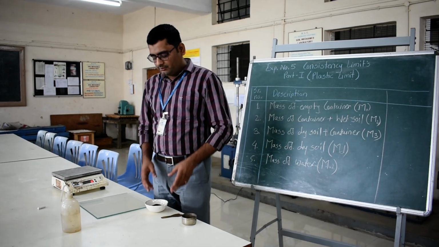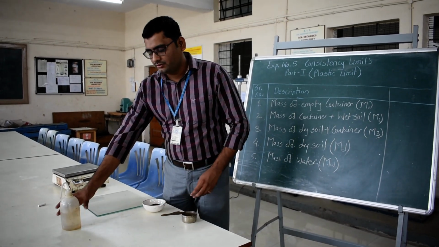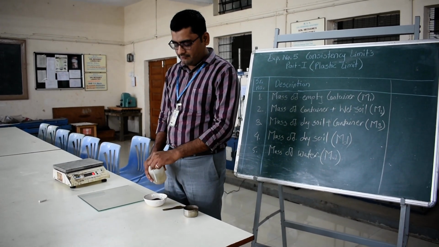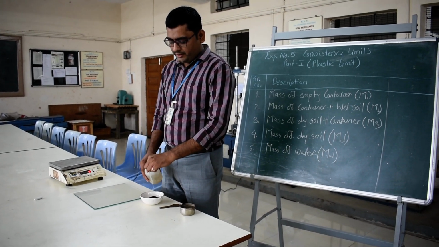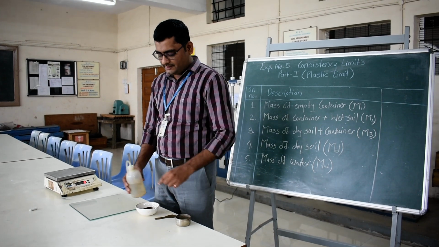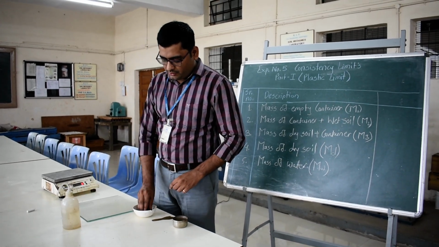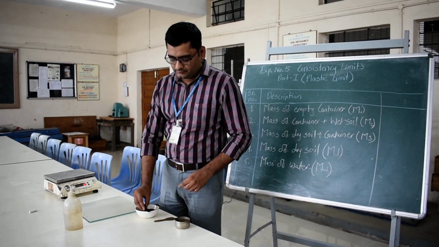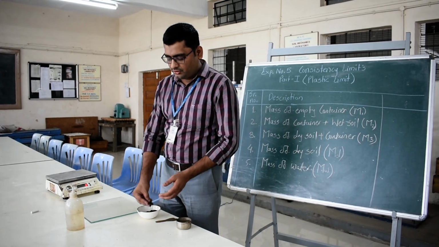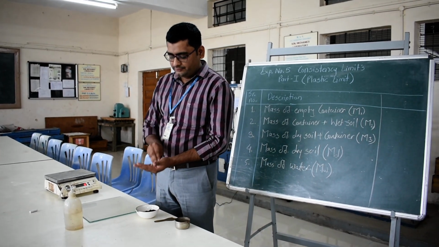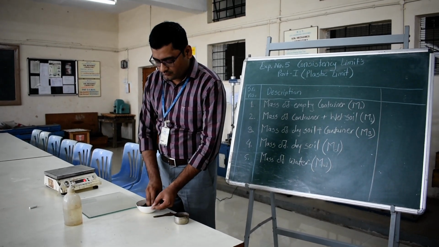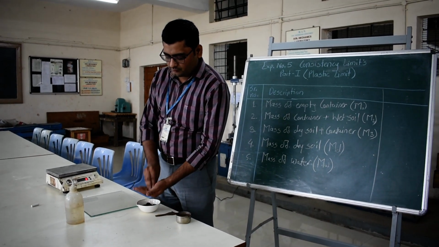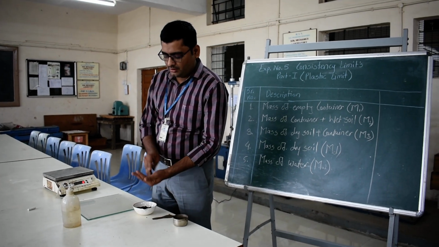Now, first of all, in this soil sample you have to add some mass of water. It is by your judgment, you have to add some mass of water. Then you have to take some mass of soil in your hand, and mix the water into the soil.